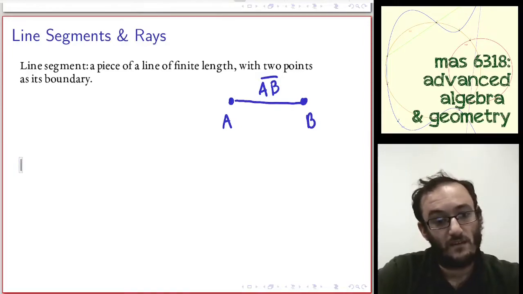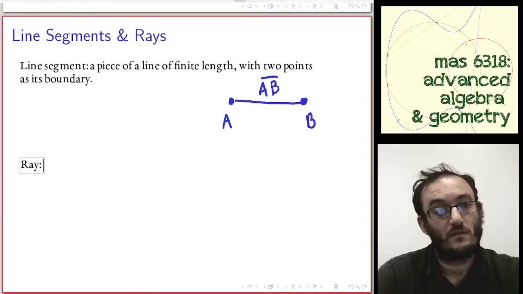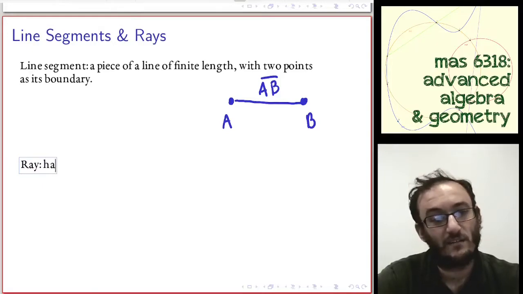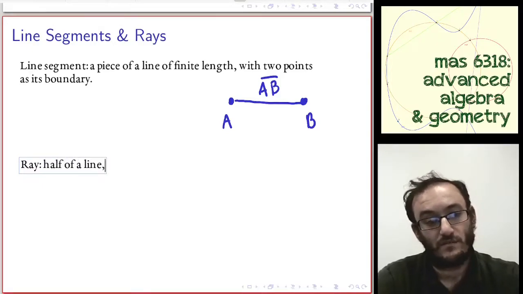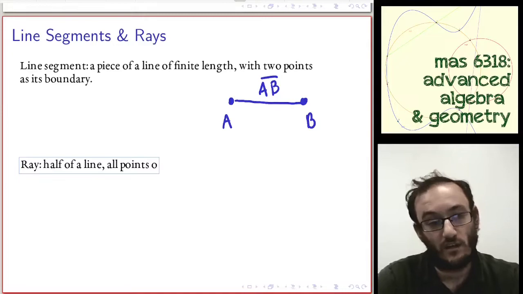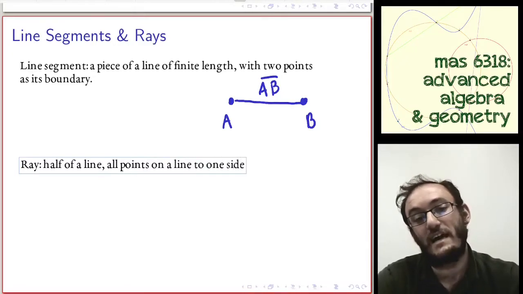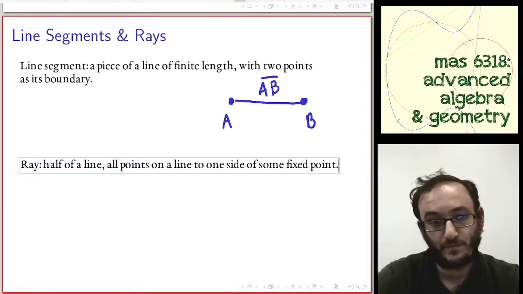As for a ray, this can be thought of as a half of a line. So all points on a line to one side of some fixed point.